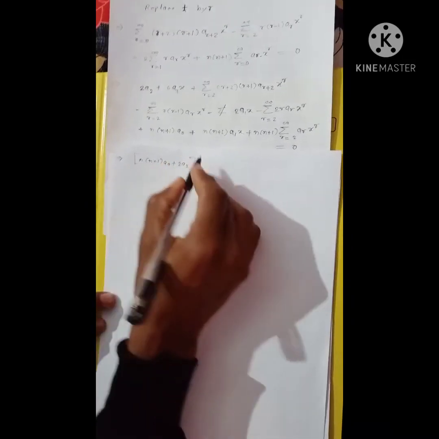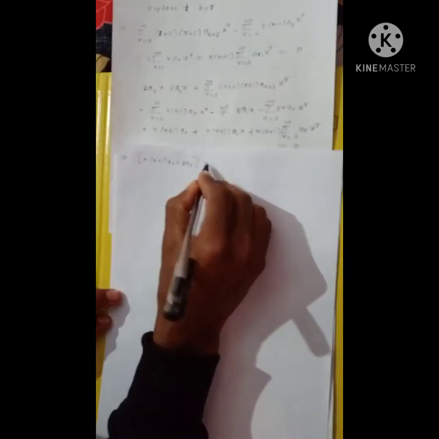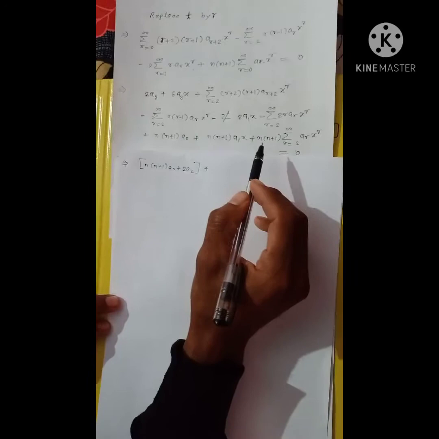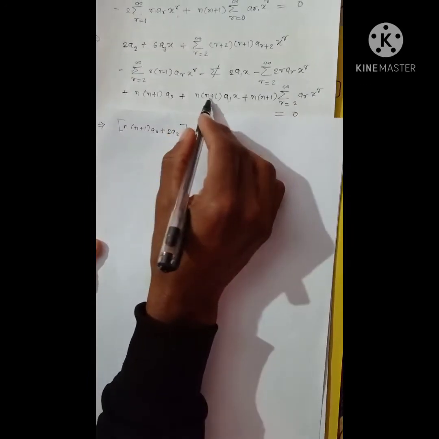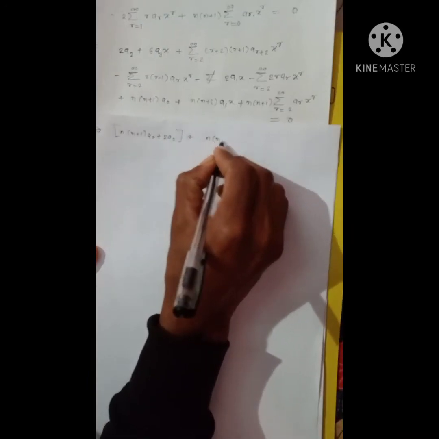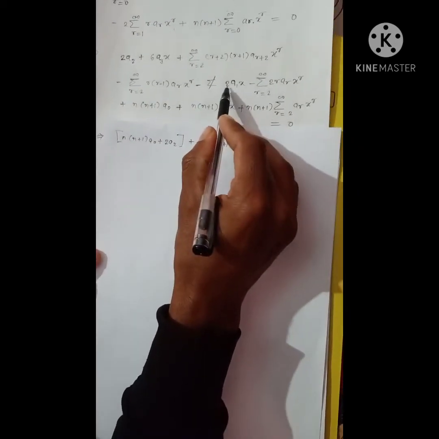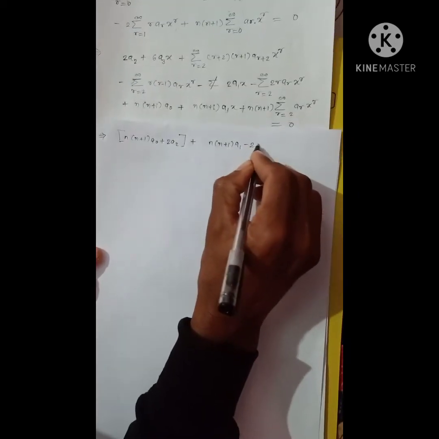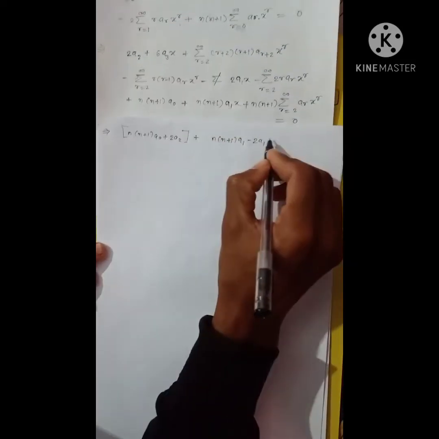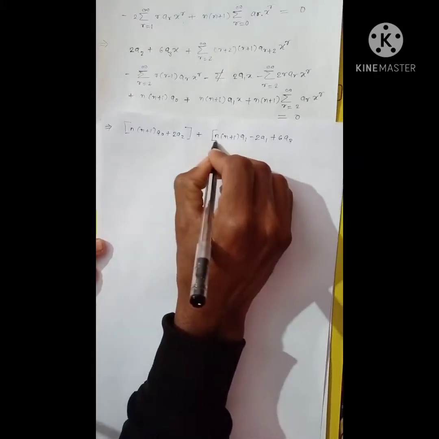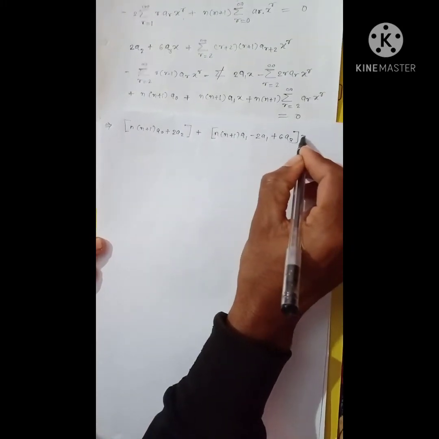This is the constant term. And plus, now n into n plus 1 a1 minus 2a1 plus 6a3 into x.